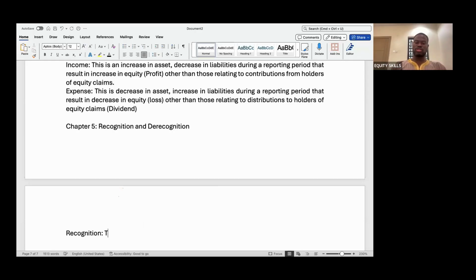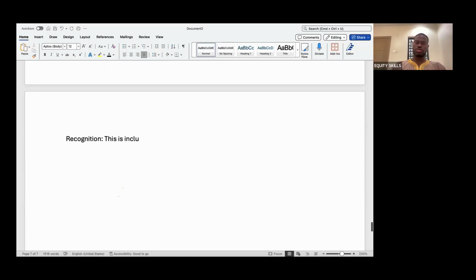When we say recognition, we are talking about the inclusion of the elements in the financial statements. Not just the inclusion, it is the process of inclusion.